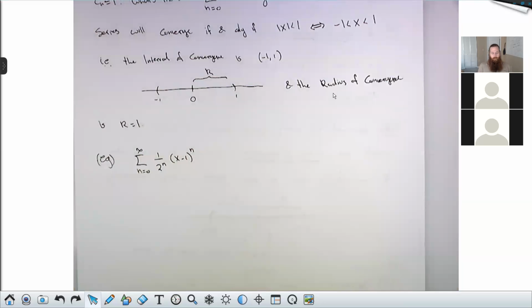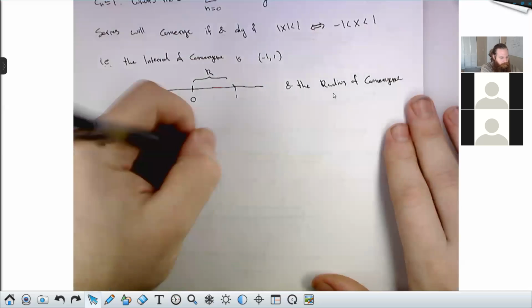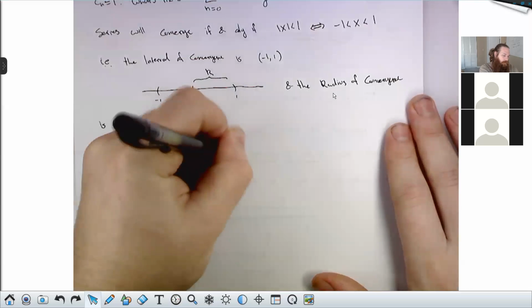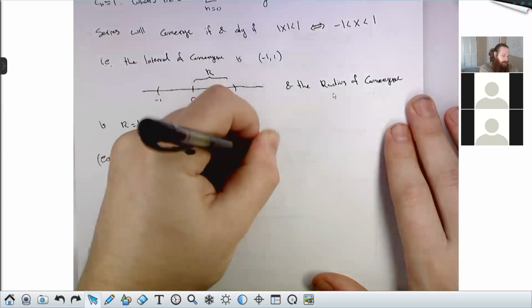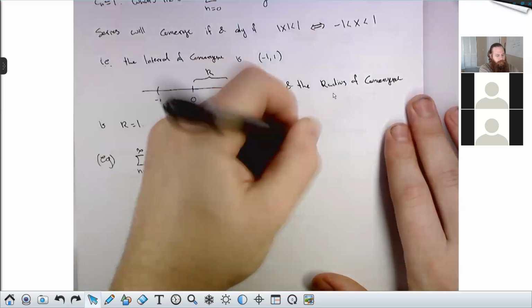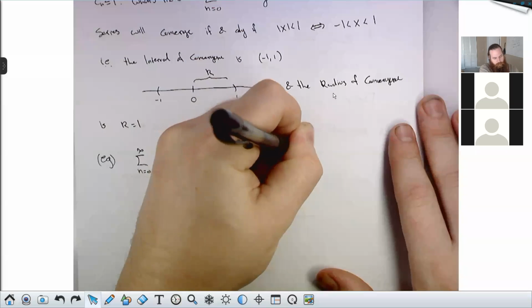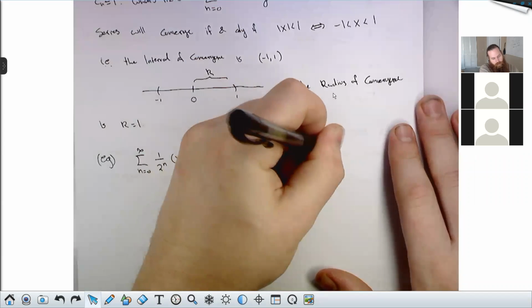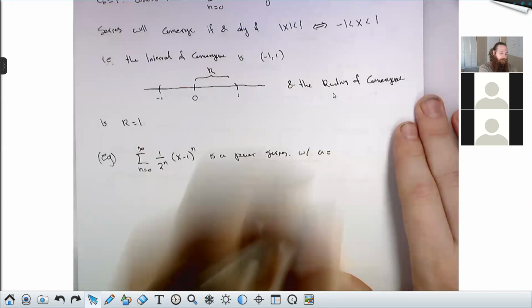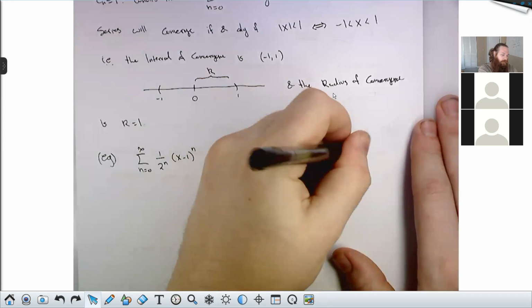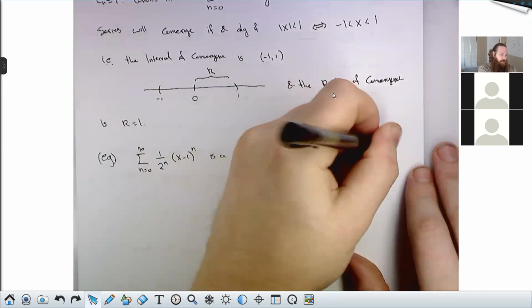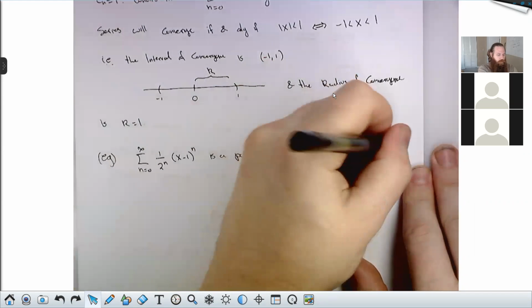This is also a power series. a, the center here, is equal to 1, and c_n, the coefficients here, are 1 over 2 to the n.